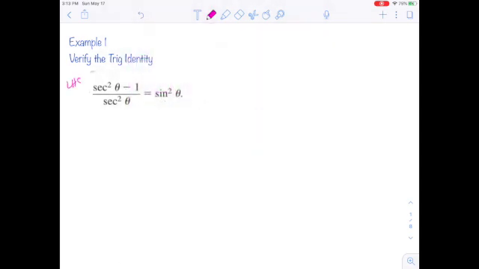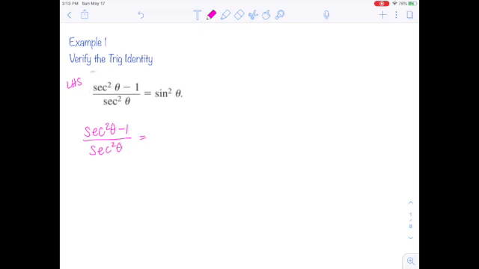So let's start. I'm going to go on the left-hand side, and I'll arrive at the end with sine squared theta. On the left-hand side, we start out with secant squared of theta minus 1 over secant squared of theta.